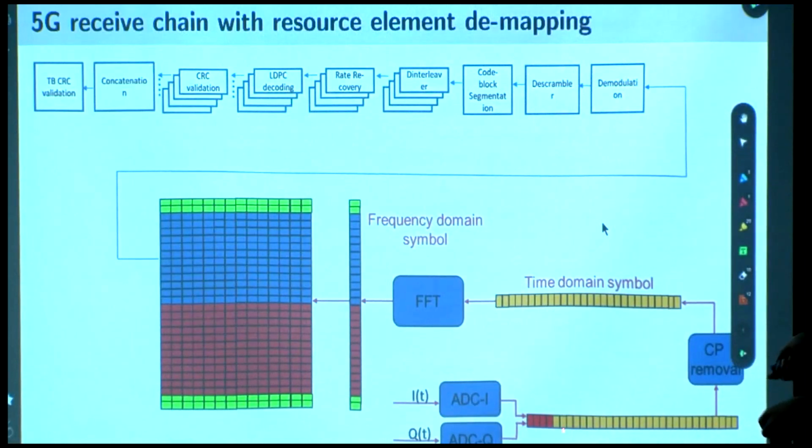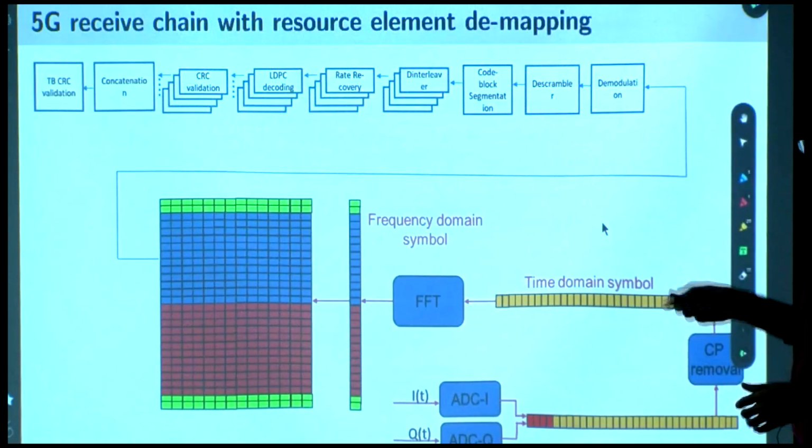Then this is the time domain signal, CP gets removed, take the FFT, you form the two-dimensional grid, then do the reverse processing, right. Now this is what we have understood, this is the physical layer part of it, okay.